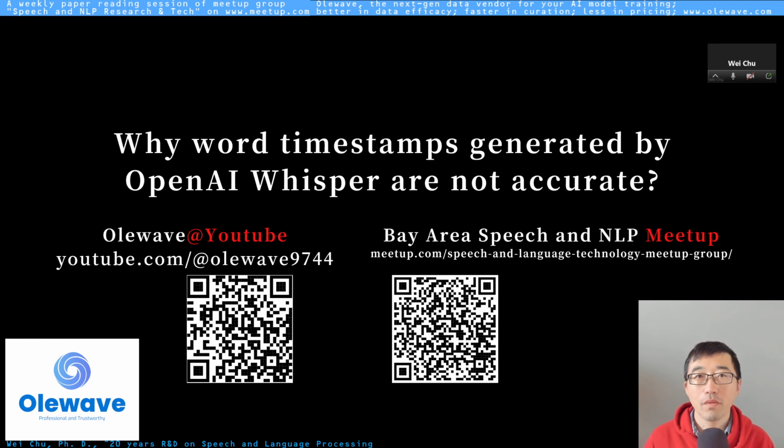Today we're not going to be reviewing any arXiv papers, but to talk about a practical issue that occurred in speech recognition: the timestamps. As we know, OpenAI's Whisper ASR model is fairly popular right now. It has received tens of thousands of stars, and there are lots of third-party developers trying to use Whisper as a foundation model to build different applications.